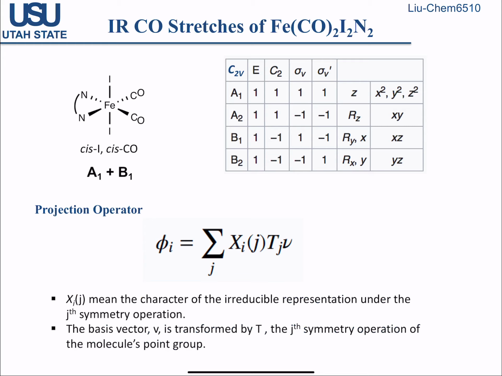And then you may wonder, what are the actual vibration modes for A1 and B1? Last time when we talked about water, that was simple. Actually, this molecule is also simple. We simply draw the symmetry, and the A1 mode is in phase.